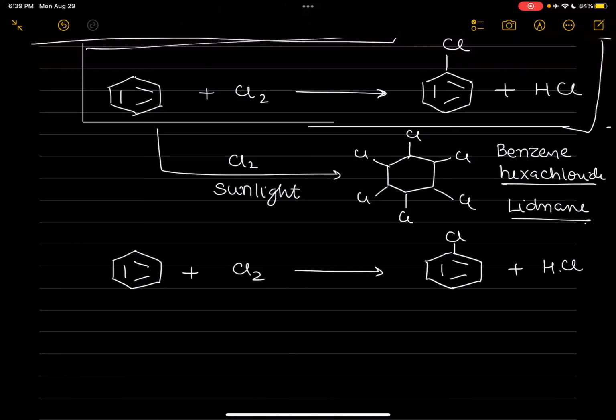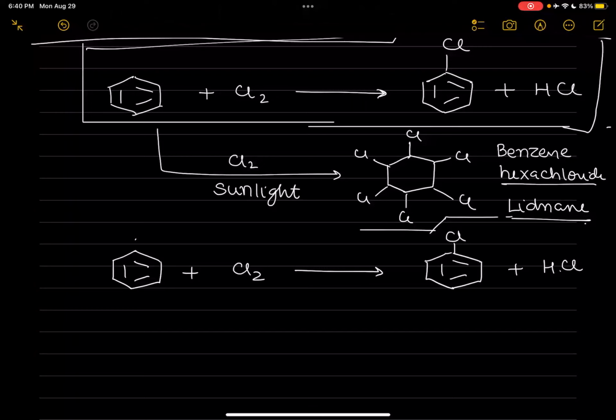Okay, Aishwarya. So in addition, what happens? If an addition reaction is happening, the double bond gets reacted. You break the double bond and you attach two groups on the double bond. That is an addition reaction. So this is not an addition reaction.